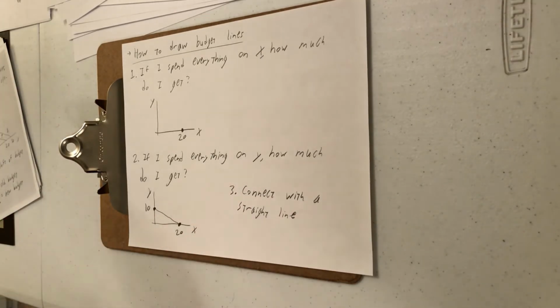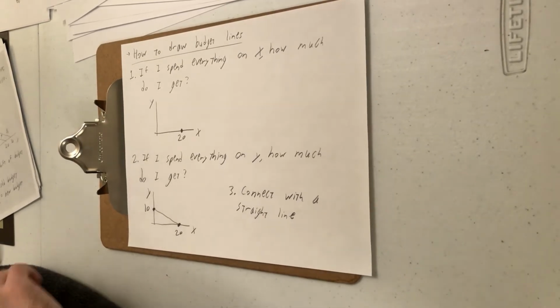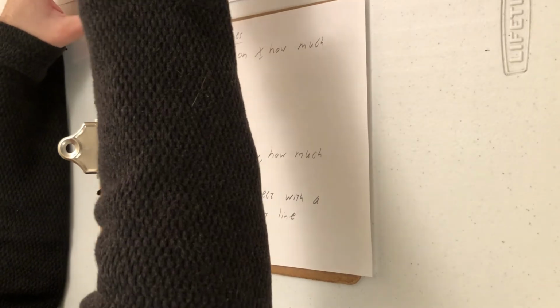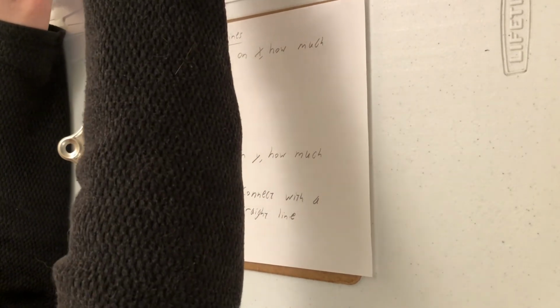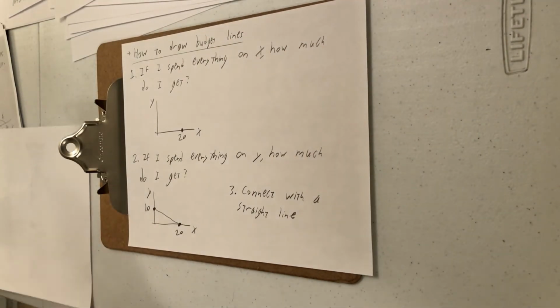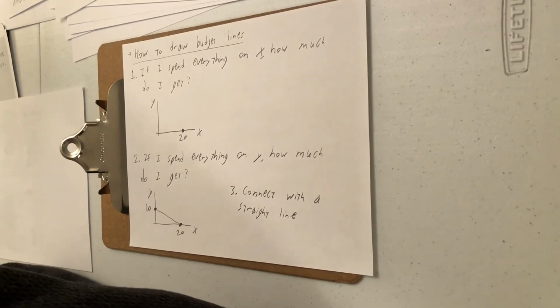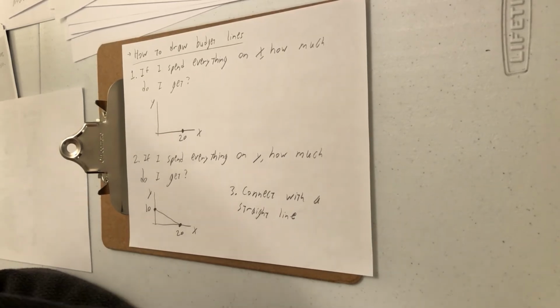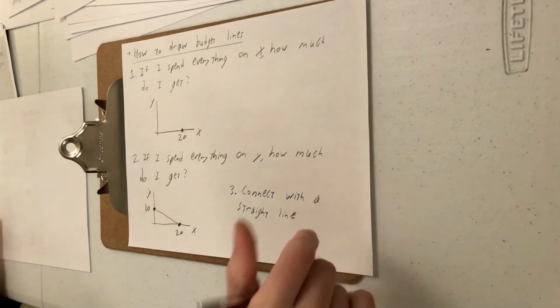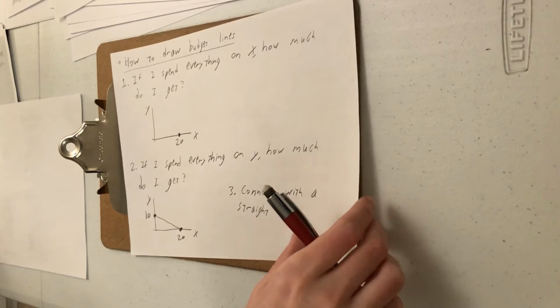So you can see drawing budget lines is not very hard. So the next thing we'll look at is how do you show income changes, I should say wealth changes, on budgets. So maybe you get more money and that's going to shift your budget line.